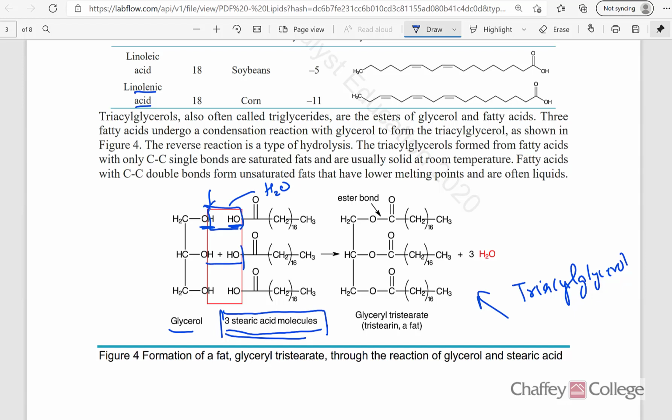Because there are 3 of these functional groups reacting, 3 molecules of water will be lost and a new ester linkage will be created. So this kind of reaction is known as esterification reaction, and the end product is known as triacylglycerol. These are also known as triglycerides.